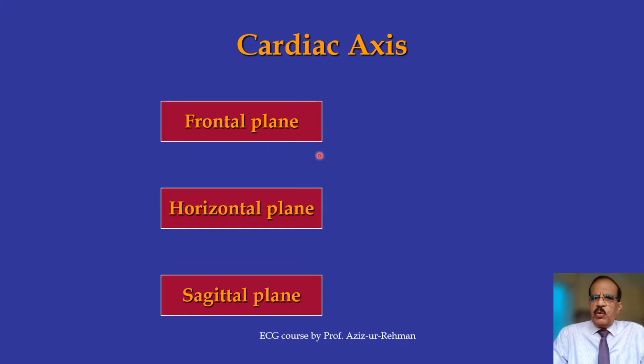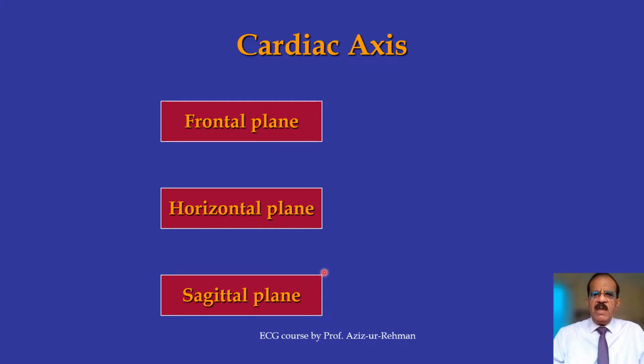As you can imagine, we have three planes: frontal plane, horizontal plane, and sagittal plane. Now let me demonstrate what I mean by frontal plane. If you imagine my body, and this plane, this is the frontal plane, and every plane has a different ECG representation.